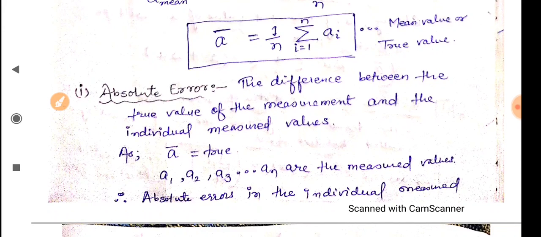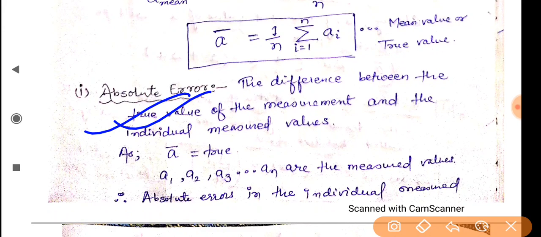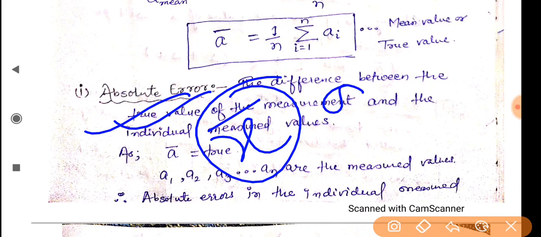Now, let us talk about absolute error. What is absolute error? If we consider the mean value, that means x bar or a bar, as the true value, then it is clear, dear students, that every measured value will be deviated from the true value.